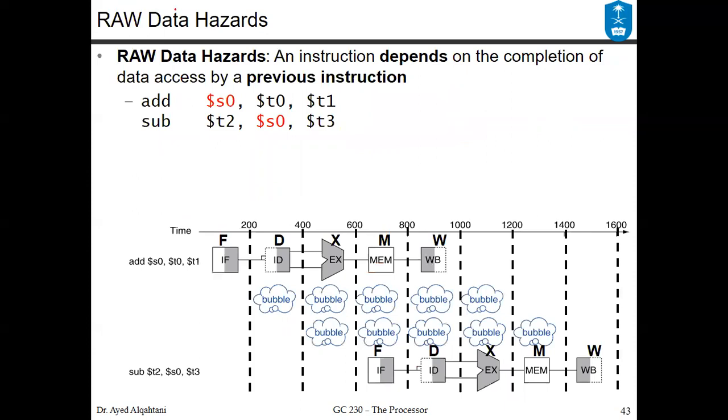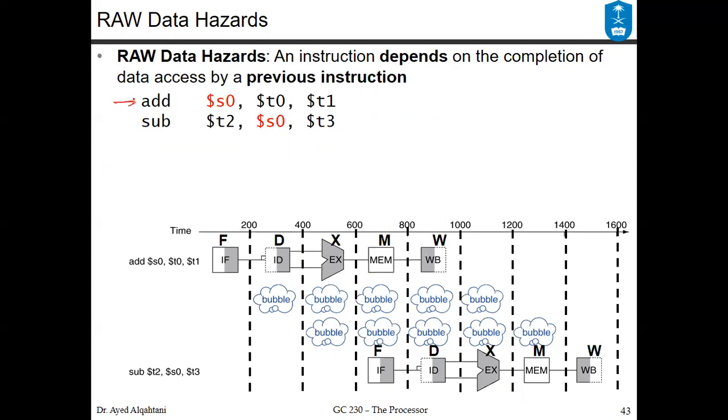So the RAW data hazard happens if an instruction depends on the completion of the data access by the previous instruction. And here's an example. It's read after write. The write happens first, and then after that, the read happens.